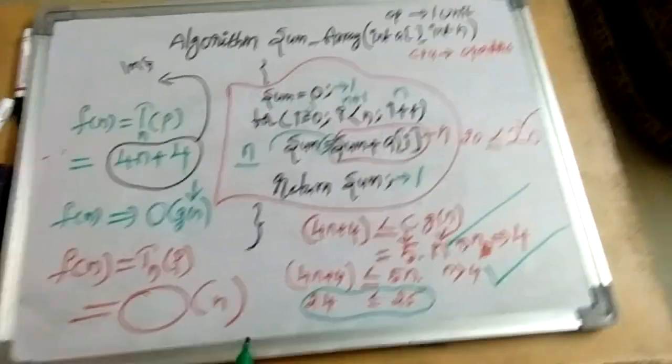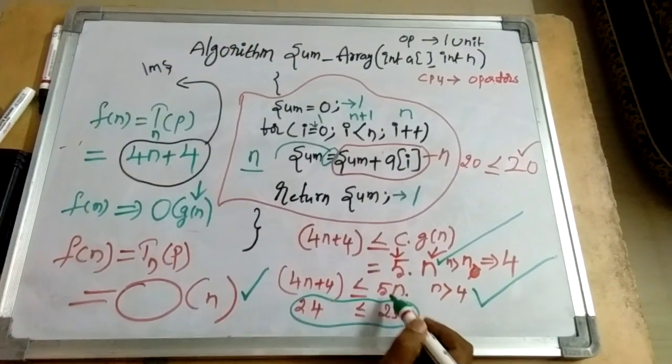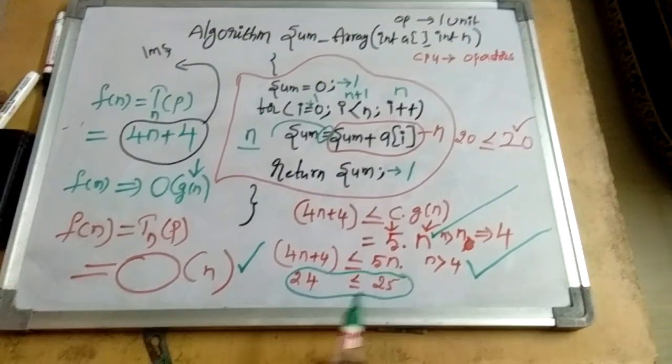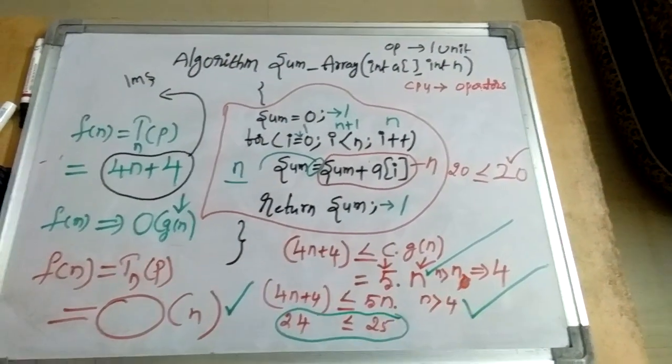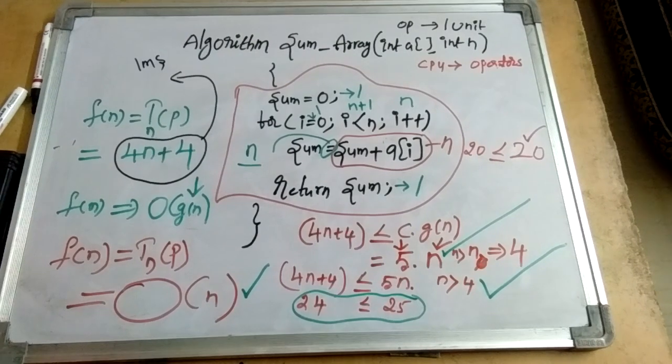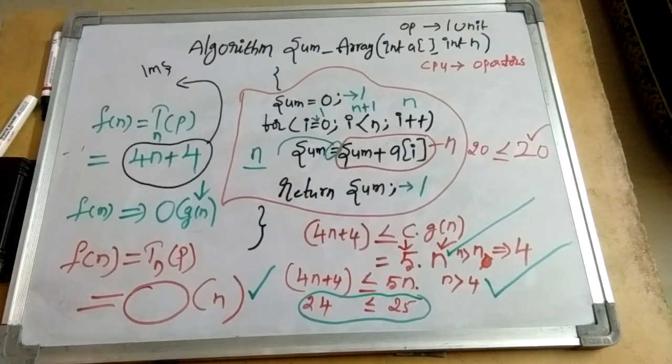Big O of n. What does it mean? It is a worst case time complexity, in fact, because actually the function is 5n, but we have discarded the constant value, because the big O notation says that f of n is always less than or equal to some constant c multiplied by g of n.